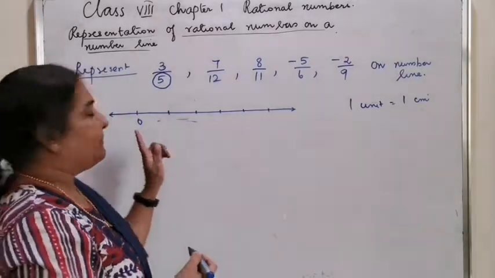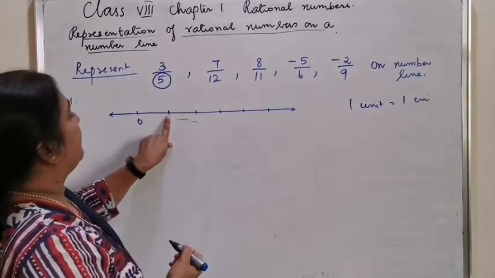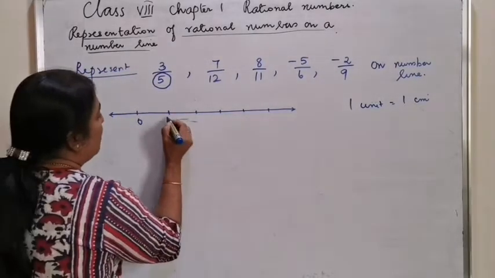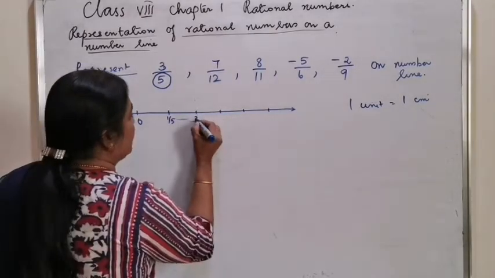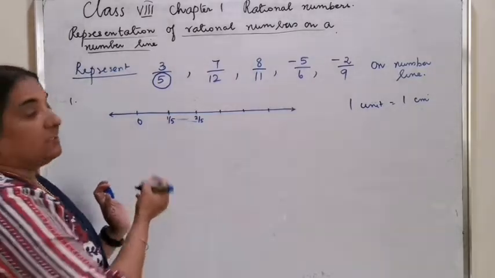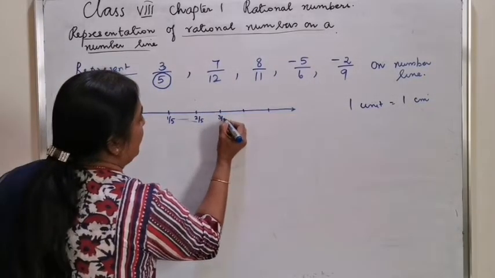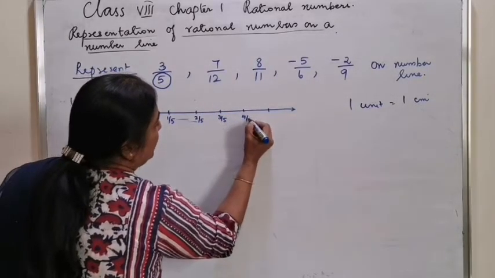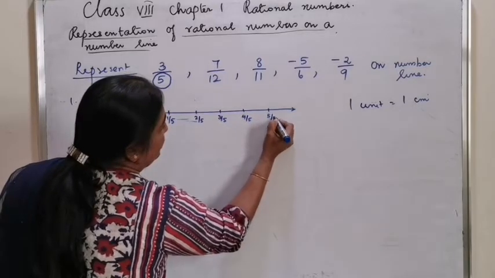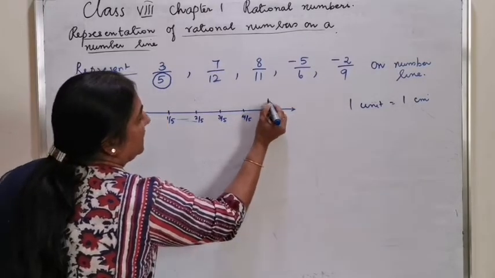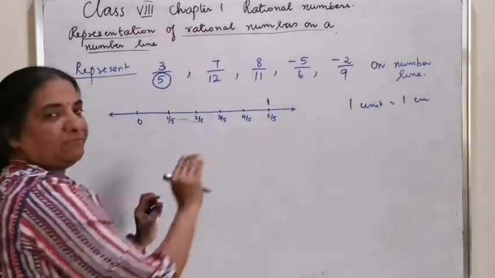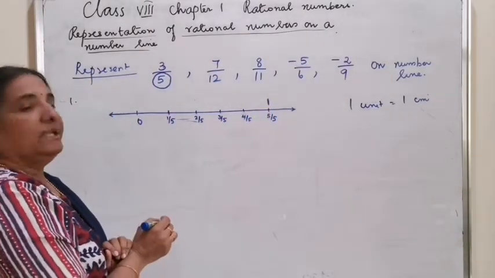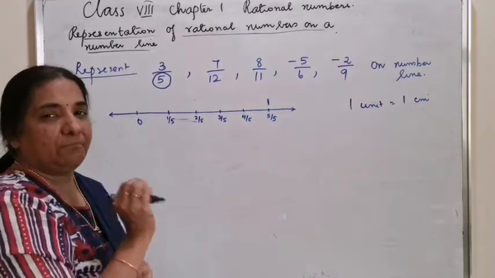The first point will represent 1 by 5. Second point will represent 2 by 5. Third point will represent 3 by 5. Fourth point is 4 by 5. And the fifth point is 5 by 5, 1. That means between 0 and 1, we could easily divide into 5 equal parts.